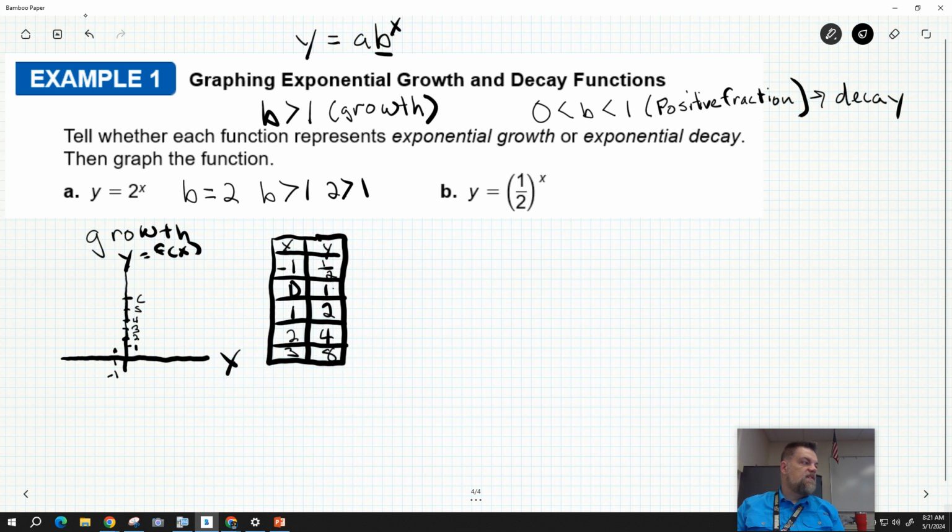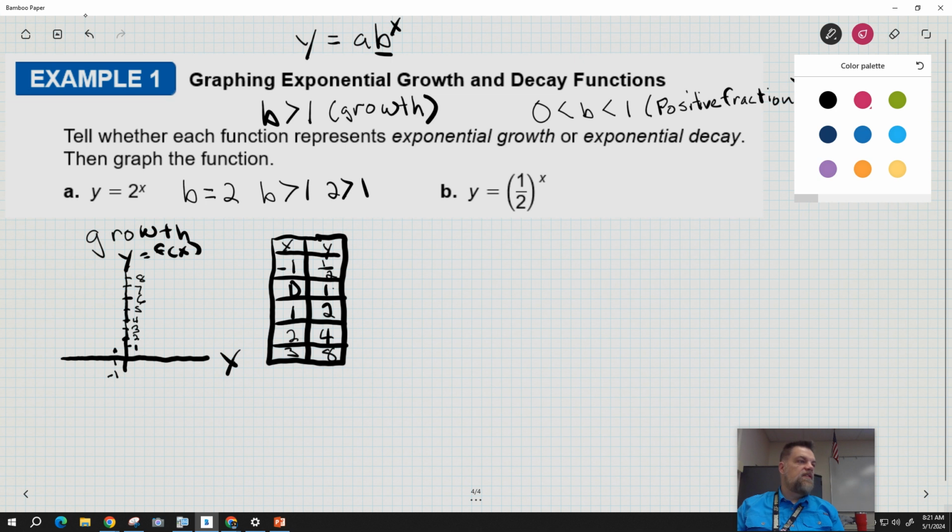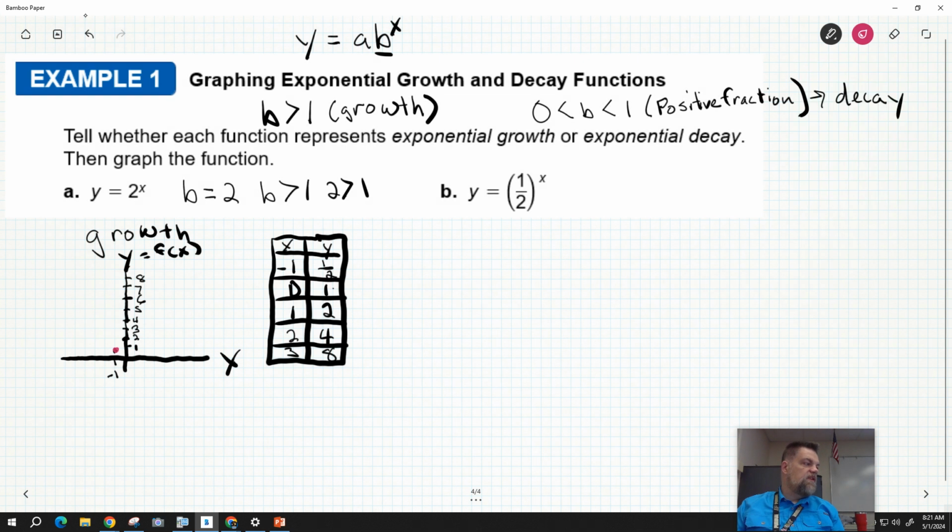And this is 6, and this is 7, and this is 8. And maybe I'll plot these points in a different color. So that's -1, 1/2, 0, 1. Then over here, this is 1, 2, 3.